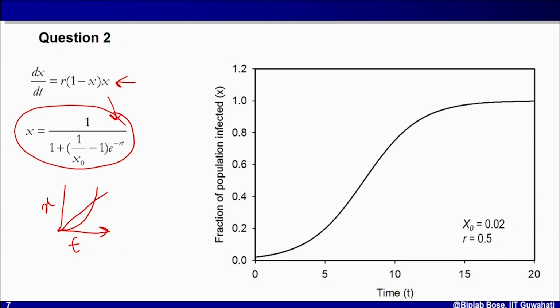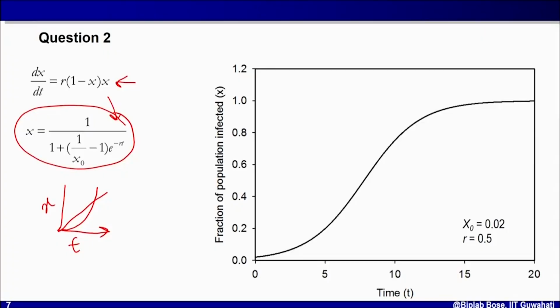curve. This curve is initially increasing slowly because obviously initially only 2% of the population is infected. Once a considerable number of people in a large population get infected, then the rate of spread of the infection increases further.